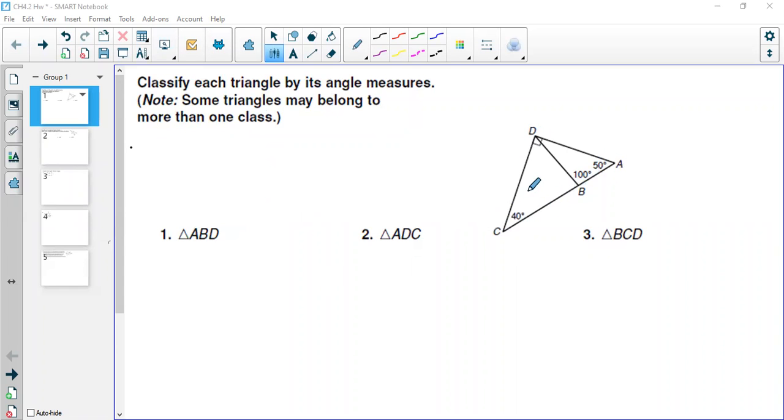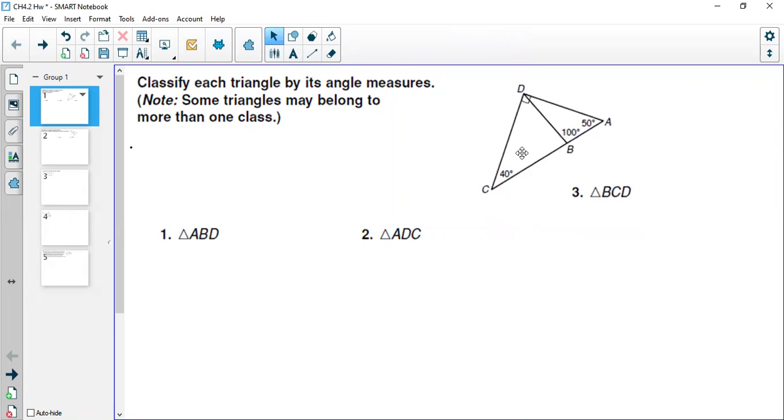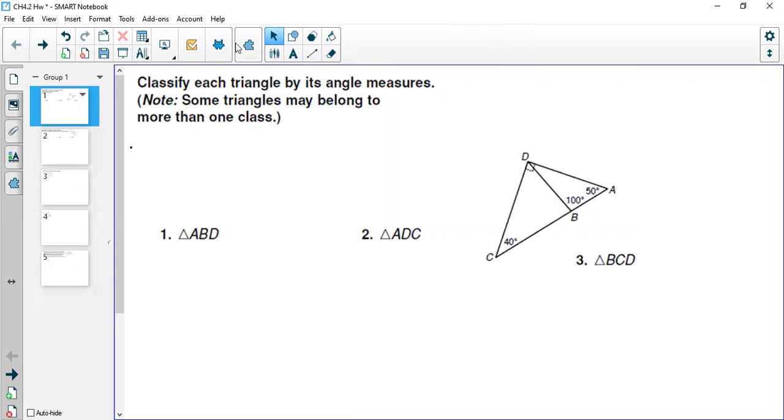Let's start by understanding these triangles first. This angle is 40, this angle is 100. This angle is 90 degrees, as they have already shown you, and this angle A is 50.